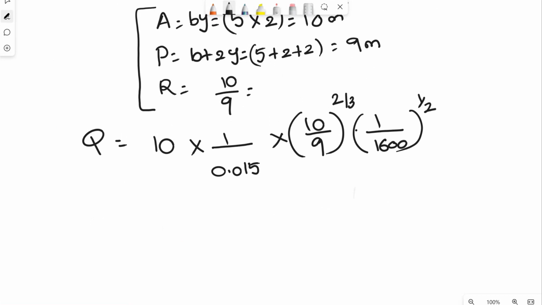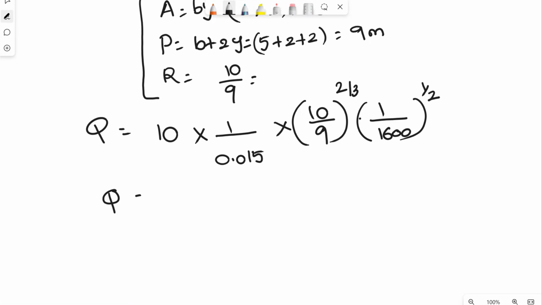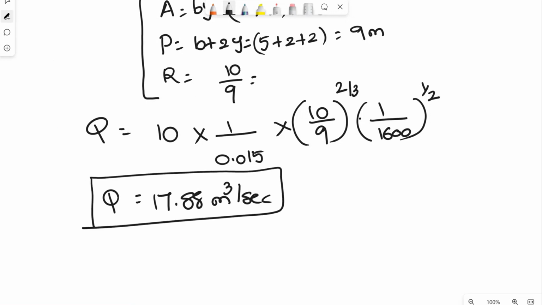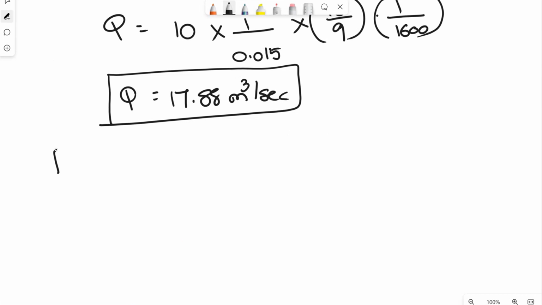If you calculate it, Q is equal to 17.88 meter cube per second. So this is our first answer. This is over, then naturally the proposed.